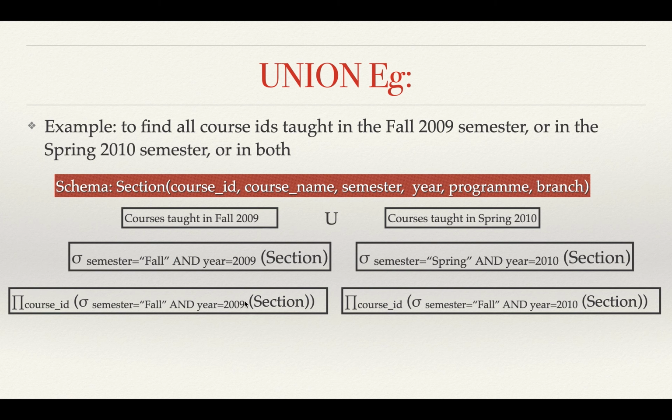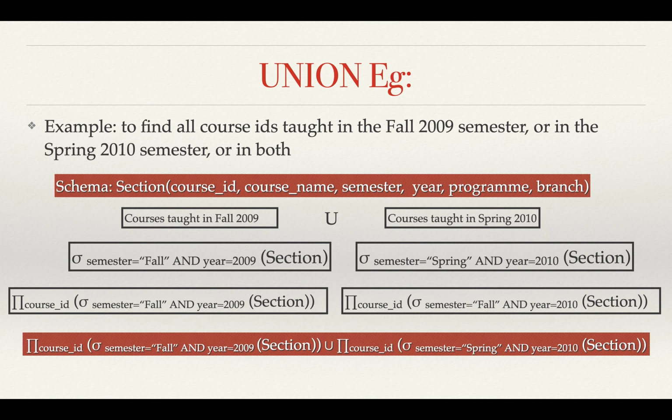So now you got two results, that is course IDs of the courses that are offered in fall 2009, and this side you will get the course IDs which are offered in spring 2010. Now if you do a union operation, you will get the corresponding relational algebra expression for the given question. So this is how you can frame a relational algebra expression.